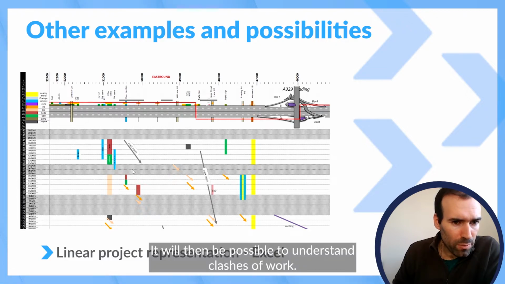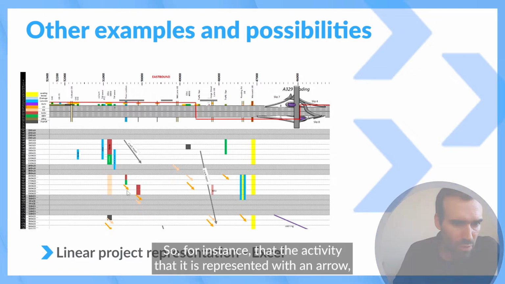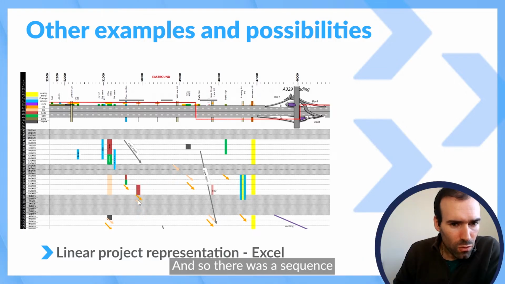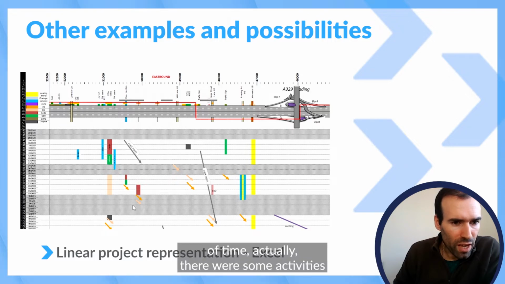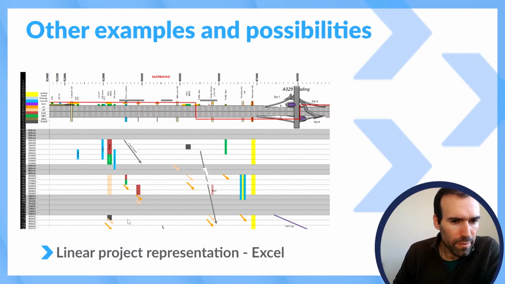It was then possible to understand clashes of work. So for instance, that activity there that is represented with an arrow, which is VRS, couldn't be done before the earthworks. So there was a sequence of time. Actually, there were some activities that had to be completed during weekends to meet certain deadlines.